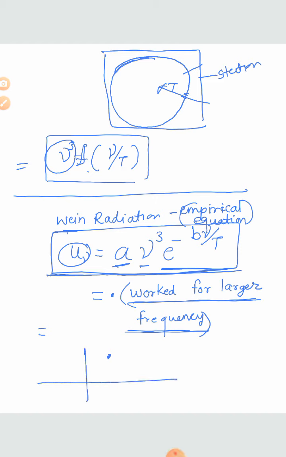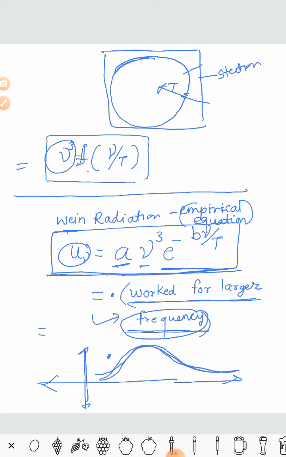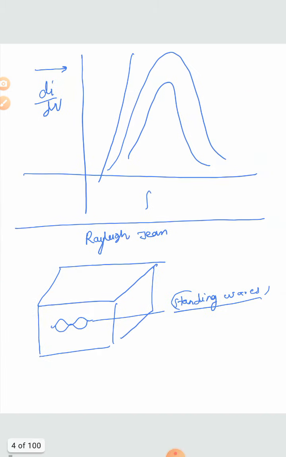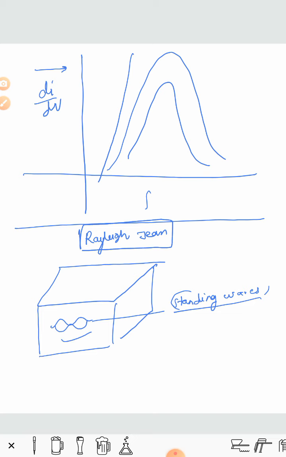Because of that, it formed the exact observed curve, but that worked only for larger frequency. It did not work for smaller frequency. So to sort that out, Rayleigh and Jeans did an experiment, and again created a stationary wave in the box.